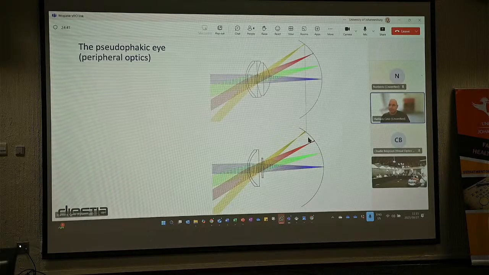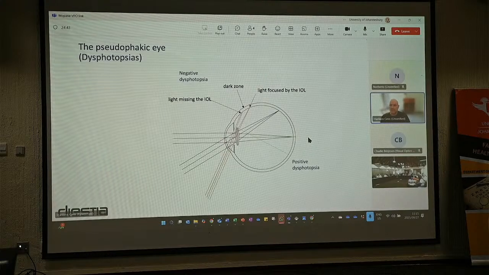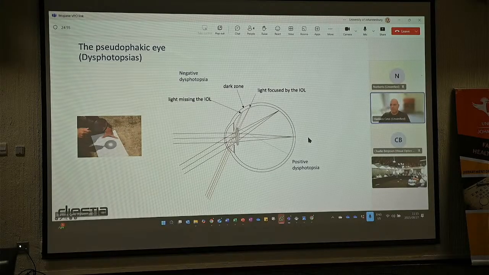Also, there are other phenomena such as dysphotopsia. We have light missing the edge of the lens and going around the optic, and basically we have this kind of phenomenon where you focus light with the lens and you have light and shadow, and this is what is happening in the peripheral field.